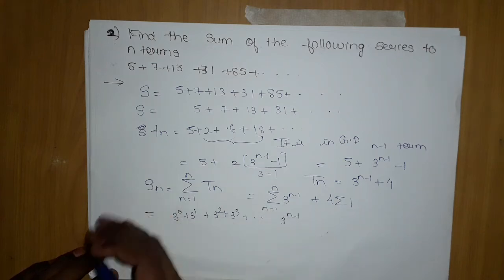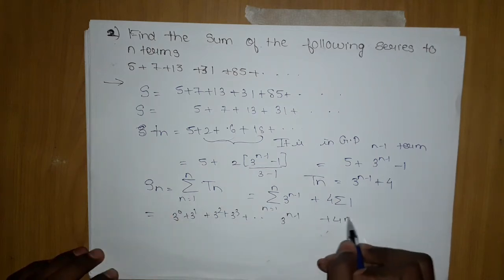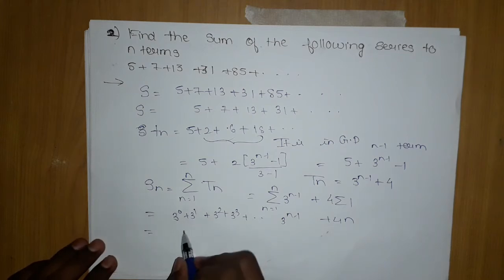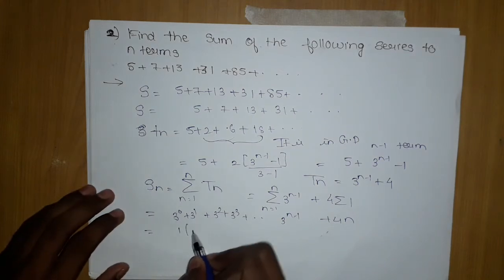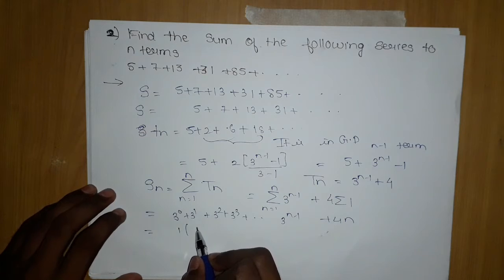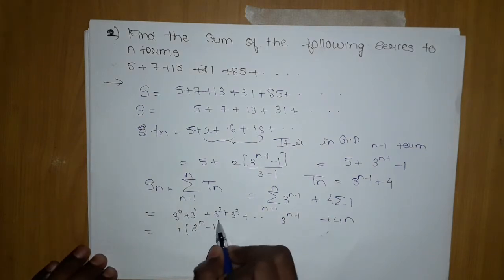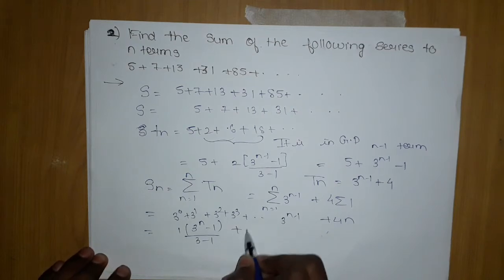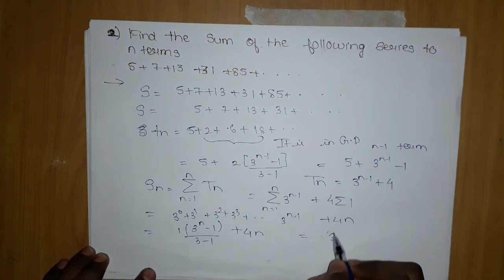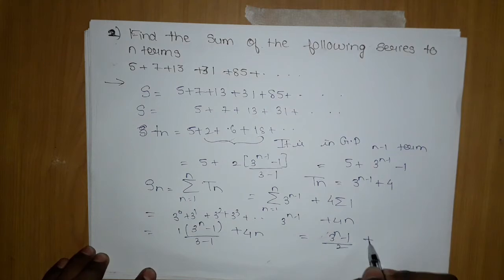Although there are n terms, here 4 into n, this will give me 3 to the power n minus 1 upon 3 minus 1 plus 4n, which leads to (3 to the power n minus 1) upon 2 plus 4n.